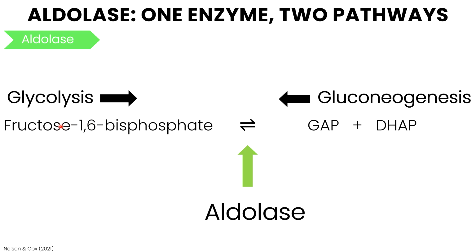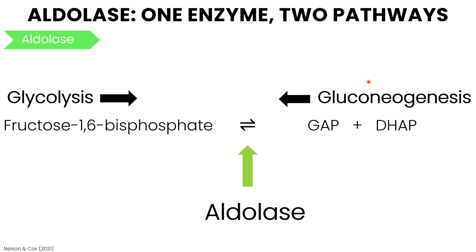We saw this exact reaction earlier during the preparatory phase of glycolysis. And in this direction, we're taking a 6-carbon molecule and splitting it into two 3-carbon molecules, okay? So now let's look at the reverse. Let's look at our gluconeogenesis.